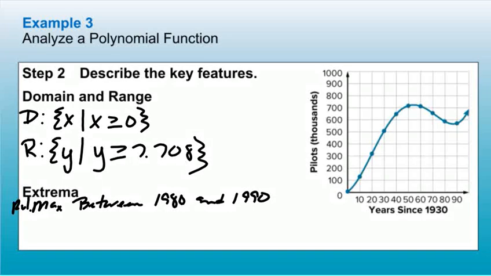And then a relative minimum looks like between 80 years after and 90 years after. So 80 years after would be 2010, and 90 years after would be 2020.